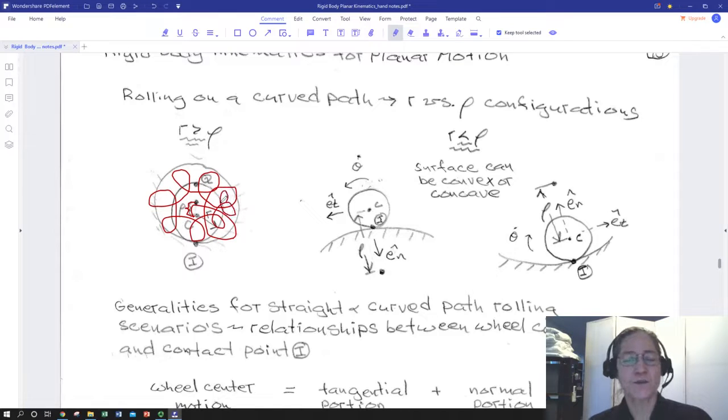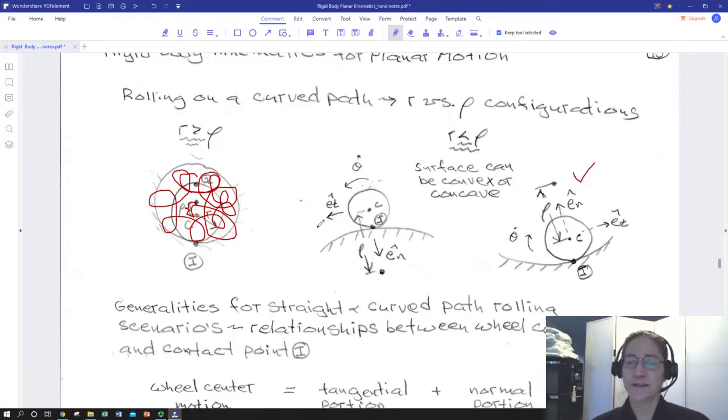And so there's certain types of gears that will do that. When R is less than rho in this case, the difference between the radius of curvature and the center point, we have what we've already derived, which is this case over here, but we can also have a convex surface, which oddly enough works the same way, because rho ends up being a positive distance, regardless of whether it's being measured from down in the surface or out above it.